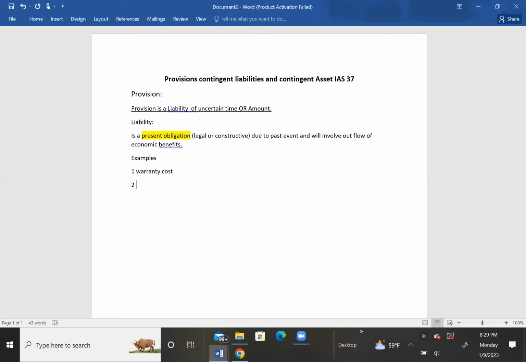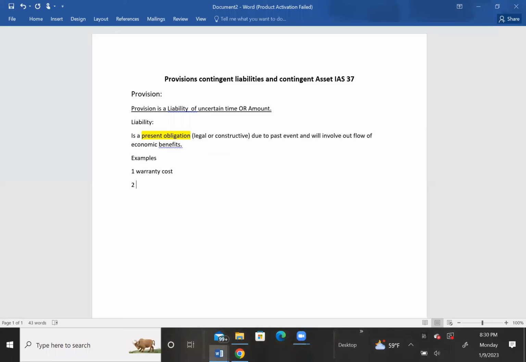It is a present obligation on a company that if the sold product is returned due to any defect, the company will repair that product without any cost, without any consideration, without any fee. So they are making a promise. So it is a present obligation. But which product will return, how many products will return, when they will return, and how much economic benefit outflow would be involved, that is not certain, that is uncertain.